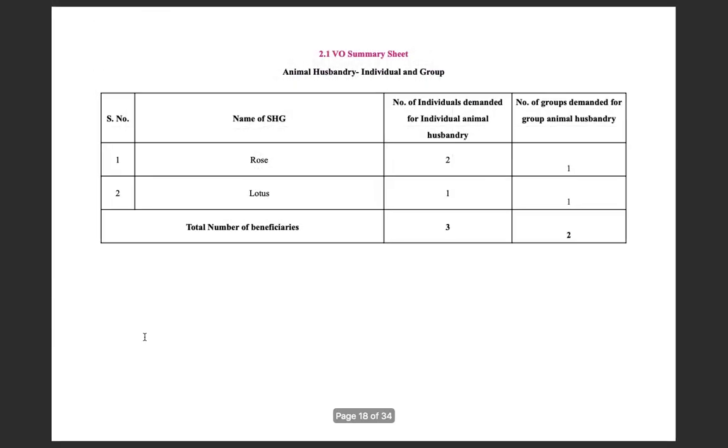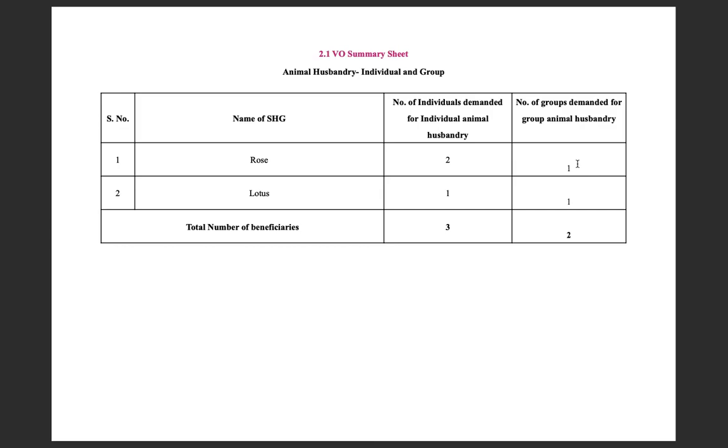So while preparing the VO summary sheet, we will have a column for the name of SHG, then the number of individuals demanded for individual animal husbandry, and the number of groups demanded for group animal husbandry. We saw that in Rose SHG, 2 people wanted to do individual animal husbandry, and the number of groups that demanded to do animal husbandry was 1.